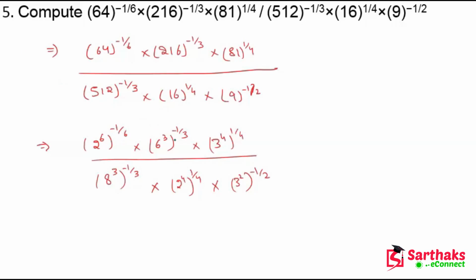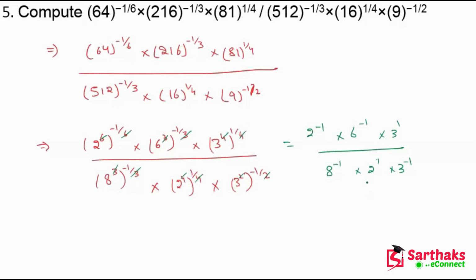Okay, now if you multiply the powers here, 6 can be cancelled by 6, 3 can be cancelled by 3, 4 can be cancelled by 4, 3 can be cancelled by 3, 4 can be cancelled by 4, and 2 can be cancelled by 2. So here we get 2 raised to power minus 1 into 6 raised to power minus 1 into 3 raised to power 1, and it is divided by 8 raised to power minus 1 into 2 raised to power 1 into 3 raised to power minus 1.